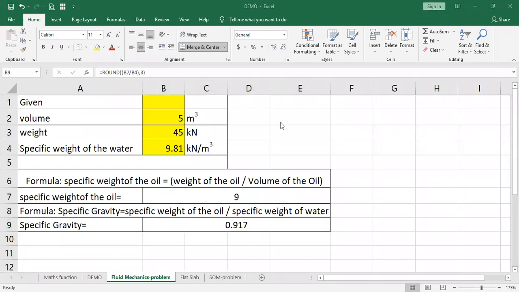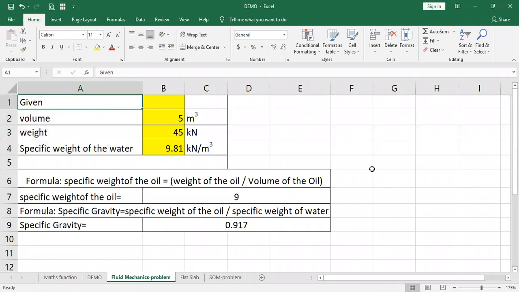So this is a very simple formula that is applicable here, and we are going to calculate based on that. If we look here, volume is given as 5 meter cube, that's the unit. First of all, this is the first column. Always remember, whatever the text is, the text has to be in one column.